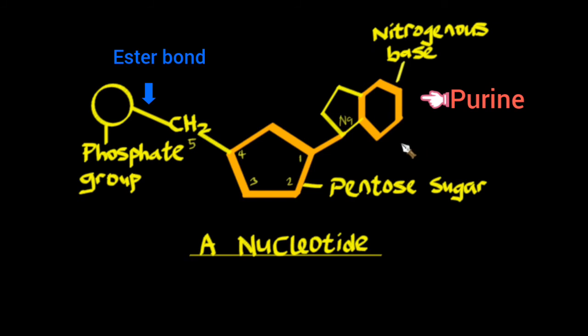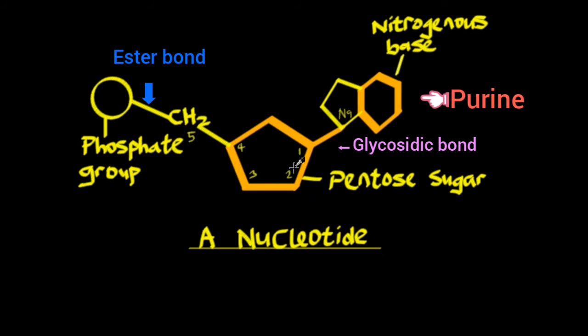The bond between the purine or the pyrimidine, our nitrogenous bases, and the pentose sugar is called a glycosidic bond. This is how the three components of a nucleotide bind together to form the nucleotide.